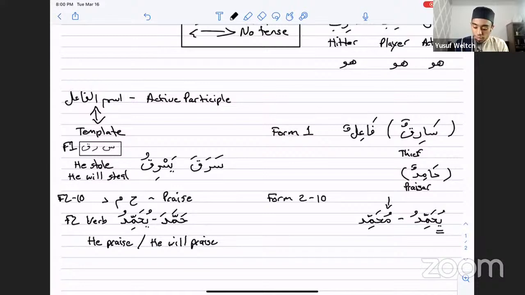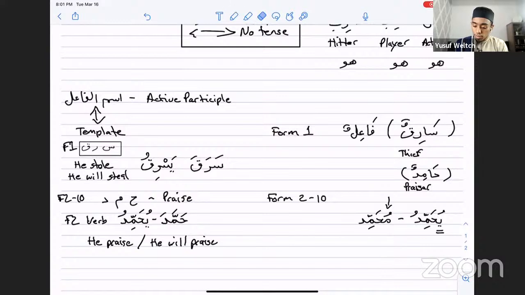Meme with a fatha is a good indicator of ism makan, which is the place that something happens. And meme with the kasra is the tool that something is done with. So that's a good way to break it down. We'll visit that as we do our review.